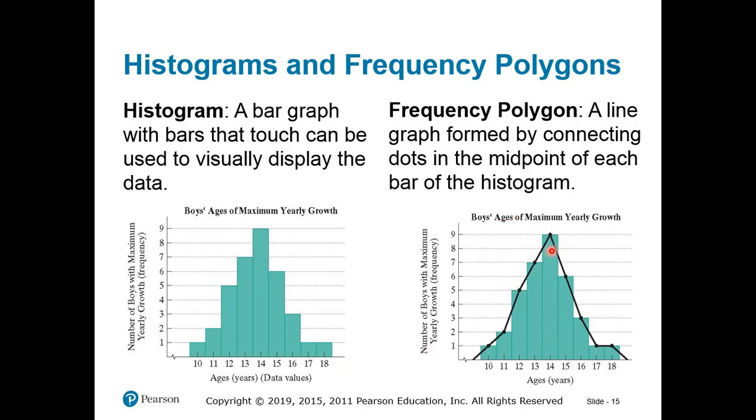Now again, ignore the histogram here. Okay, forget the histogram. Pretend the histogram is not there, because that's not in a frequency polygon. But it is there to illustrate one thing, that the way you construct a frequency polygon is by using the midpoints of each class.